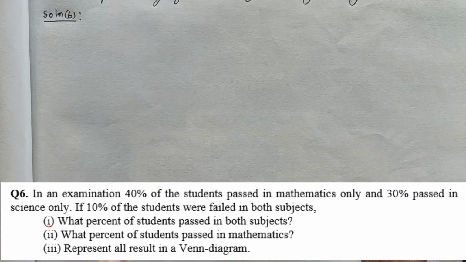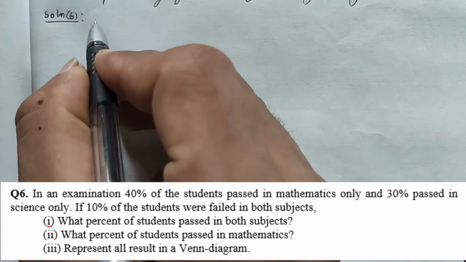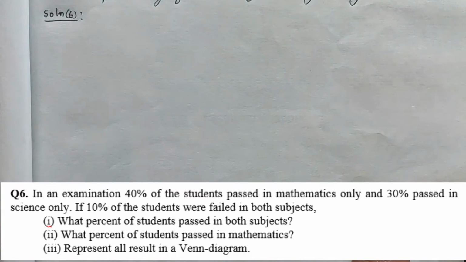So the complement is given again. First the question talks about passing in maths and science, and then it says 10% fail in both subjects. Failing in both subjects means the complement is given, as the question changes from positive to negative. So you have to keep that in mind.